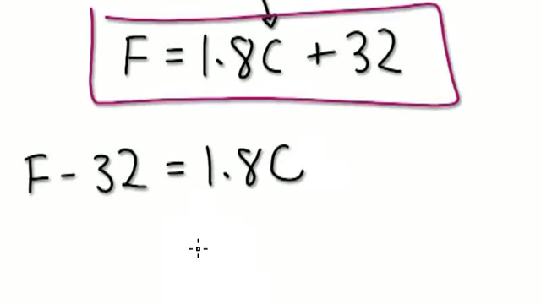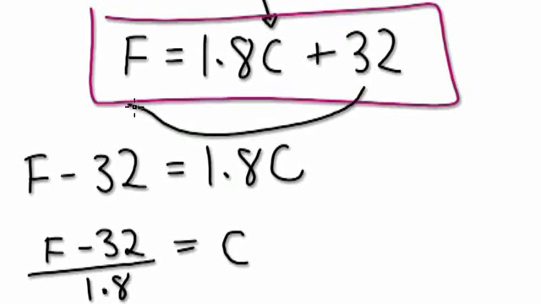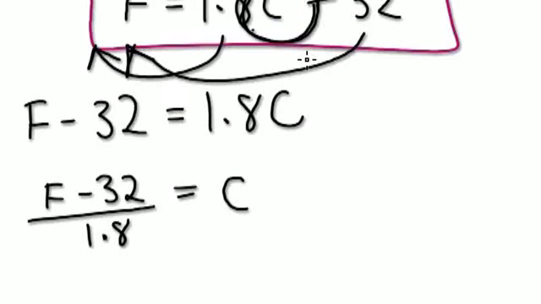So you will have this, and then divide by 1.8 on both sides. So take this whole thing down, and then divide by 1.8, and then you're left with C. So to go the other way, we basically just rearrange this formula, move all these across here, so that C can stand on its own.